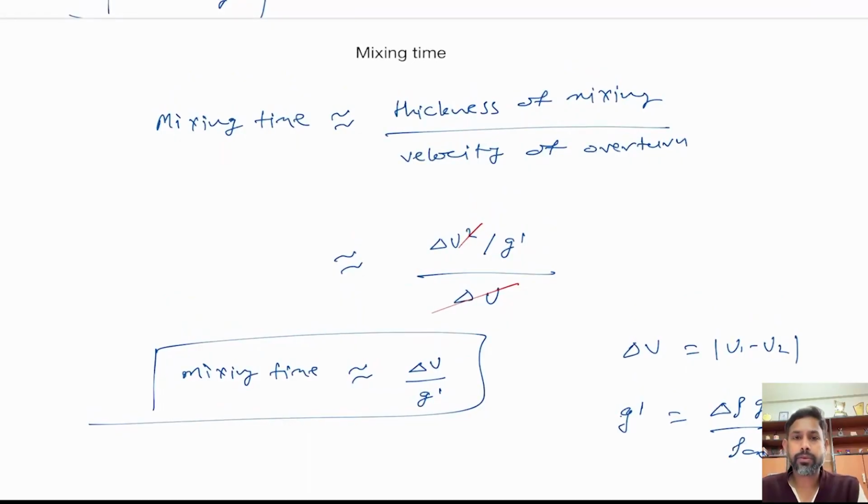Okay, so we finish the waves and wave related topics, the instability of waves, mixing due to shear flow, mixing time, mixing thickness. In the next lecture, we'll start with another topic.